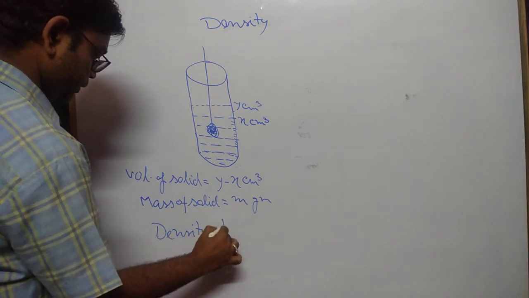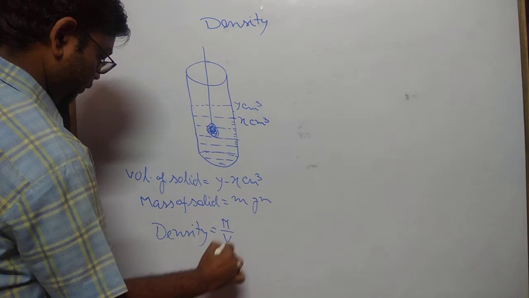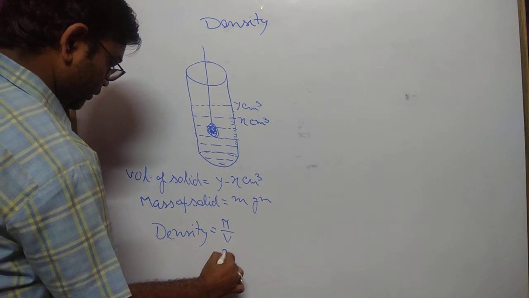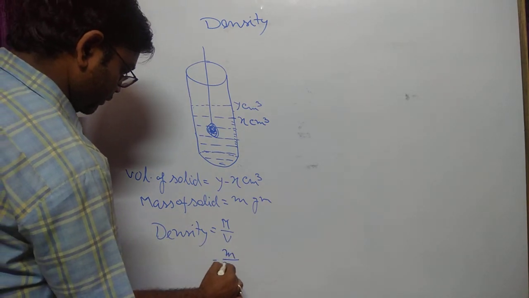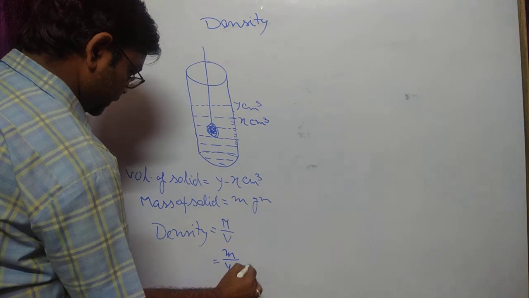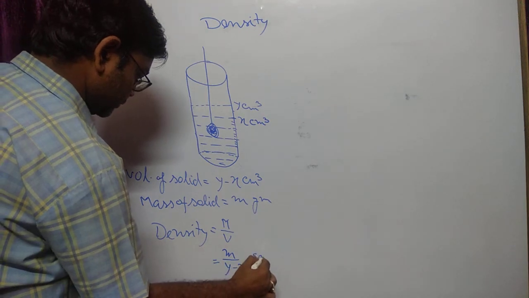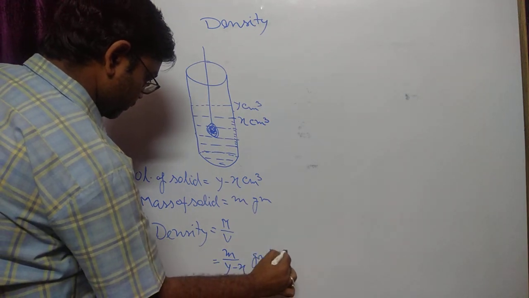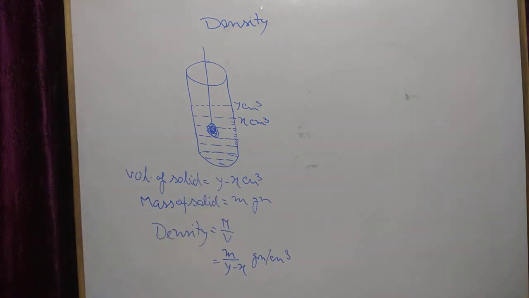Density equals m upon v, that is m upon y minus x gram per centimeter cube. Likewise we can find the density of an irregular solid. Move to the next topic.